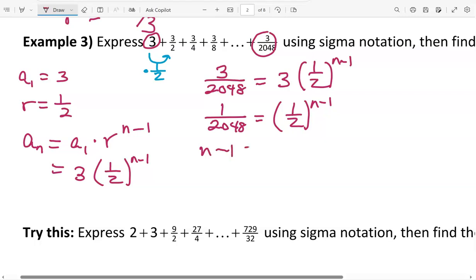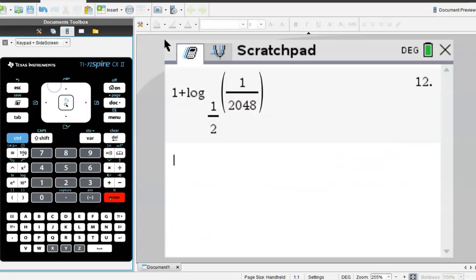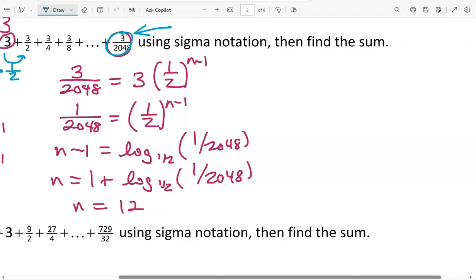If we solve for the exponent n minus 1, that's equal to a log base 1/2 of 1 over 2048, or n is equal to 1 plus the log base 1/2 of 1 over 2048. We can enter that in on the calculator, and that'll give us an n value of 12. Remember that that means that this is the 12th term of that sequence.